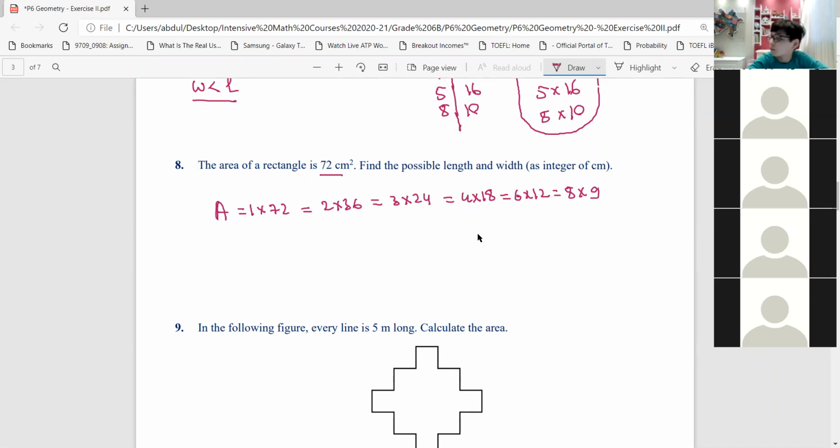How many possible rectangles can we construct where the length and width are positive integers? 1, 2, 3, 4, 5, 6.